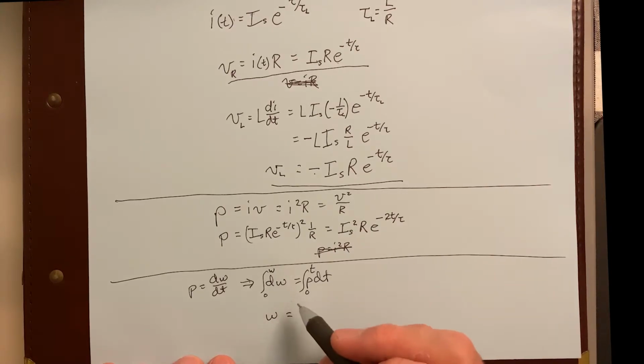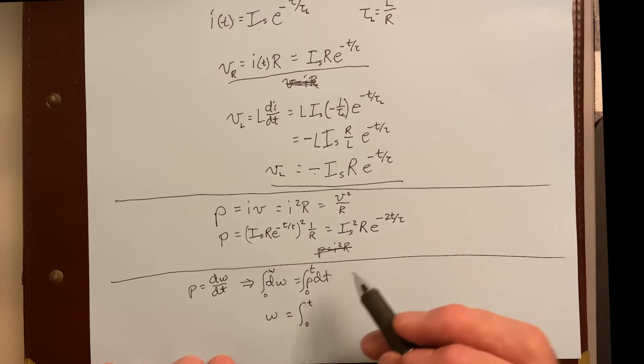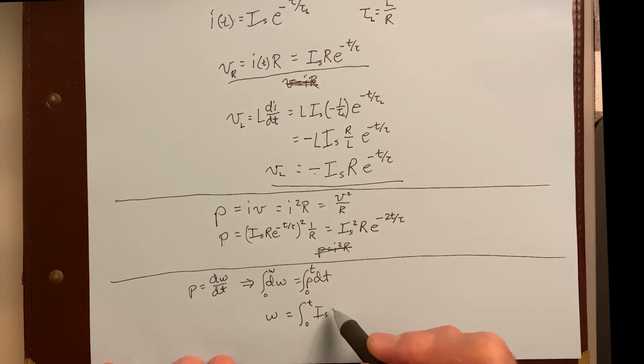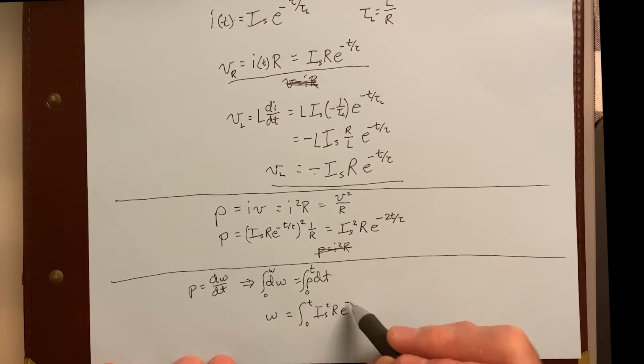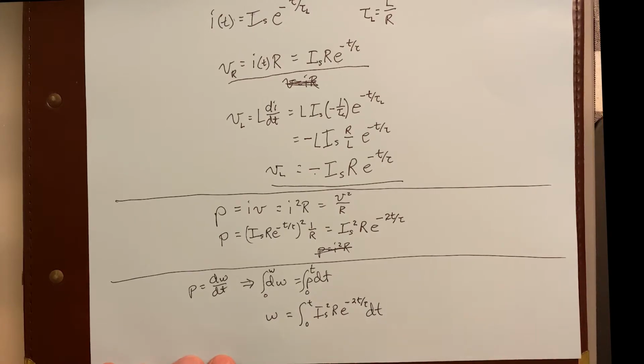And on the right-hand side, we're going to end up with the integral from 0 to t of I sub s squared R e to the negative 2t over tau dt. The I sub s squared and the R are constants, so we could factor those out. And really we're just integrating this e to the negative 2t over tau.